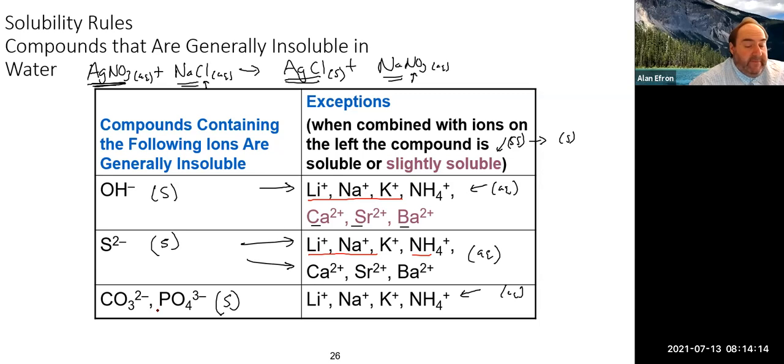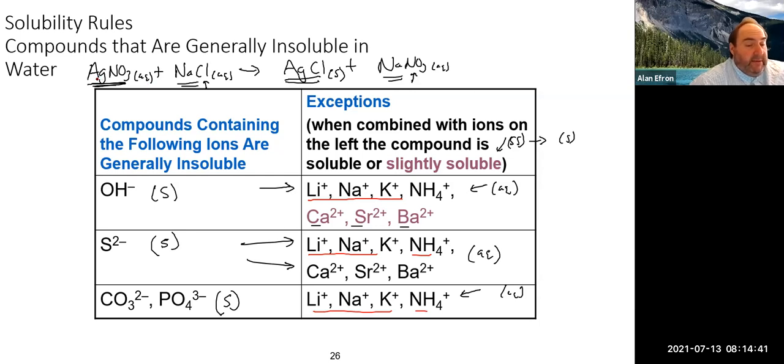Carbonate and phosphates typically will be insoluble again, except for our group 1 and our ammonium. So again, group 1 and ammonium being soluble in everything basically follows over here as well. So these are typically insoluble, and will be soluble in those cases.